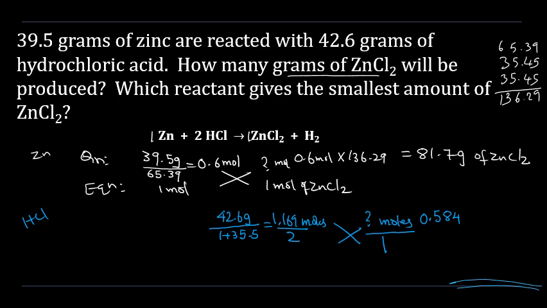I will multiply the moles with molar mass, that is 136.29. That will give me 79.59 grams of ZnCl2. So 79.59 is smaller than 81.7 grams. So HCl is our limiting reagent.